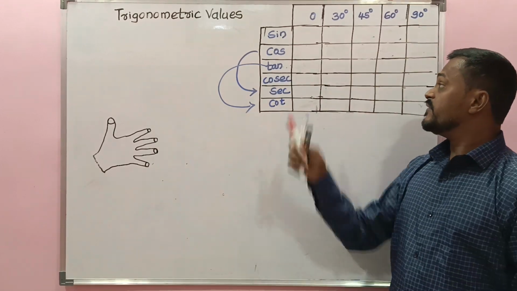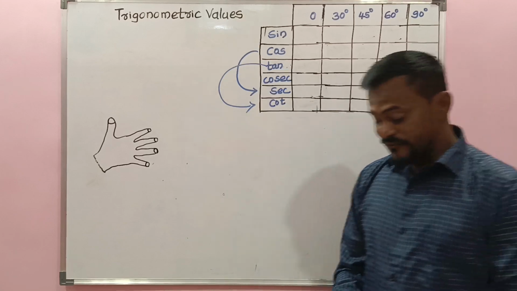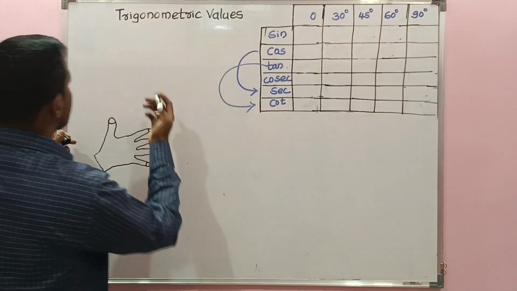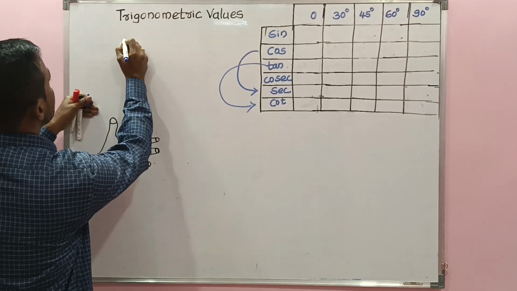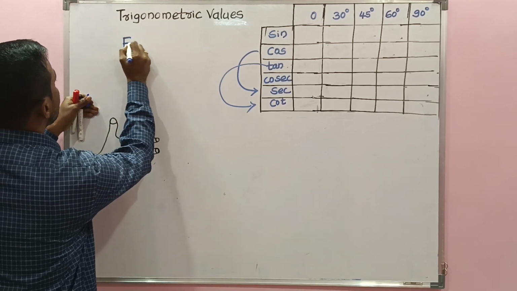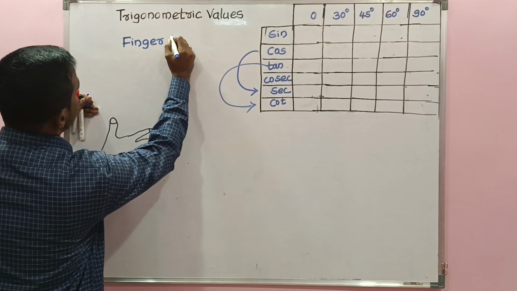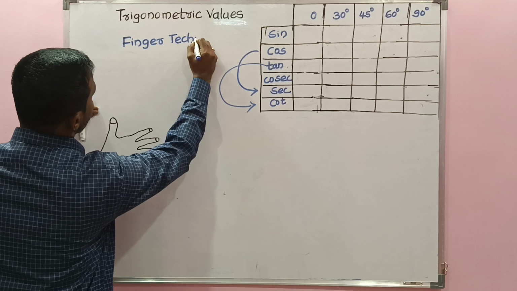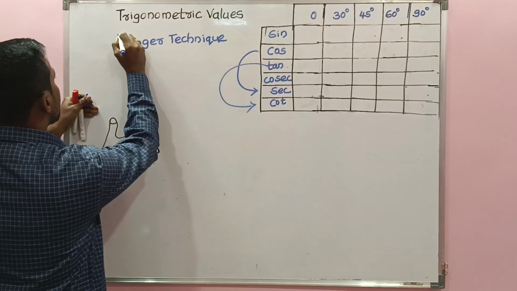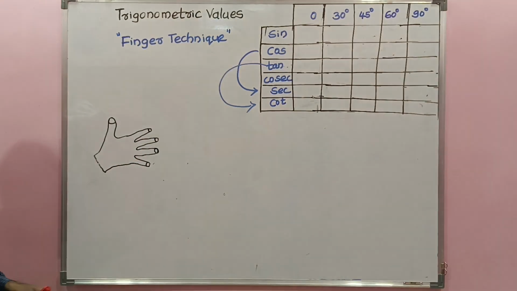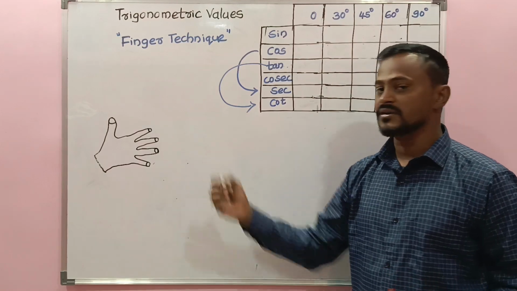Okay, so we shall find these values using the finger technique. This is going to be the finger technique. Now let us see how to find these trigonometric values using the finger technique.